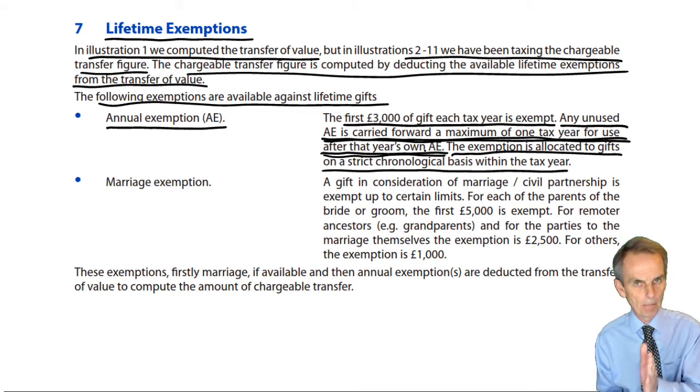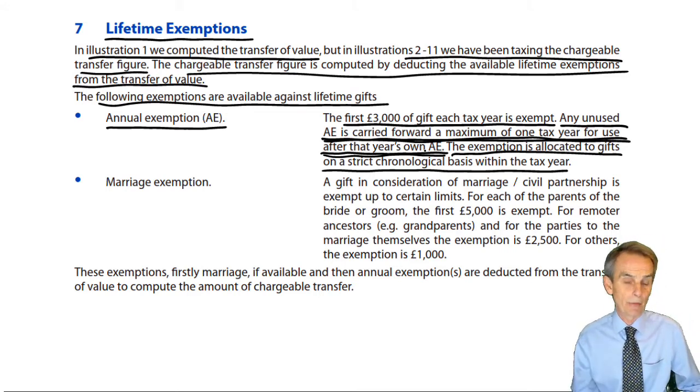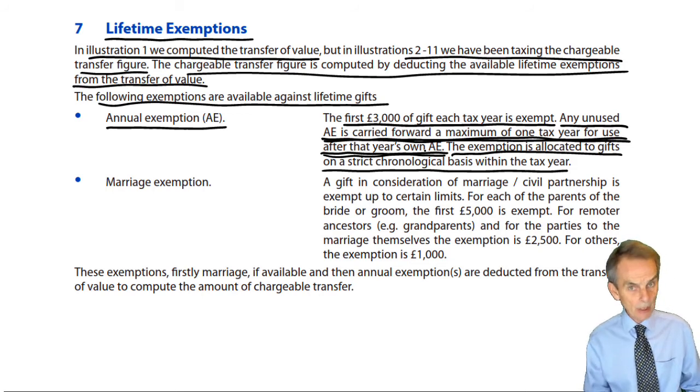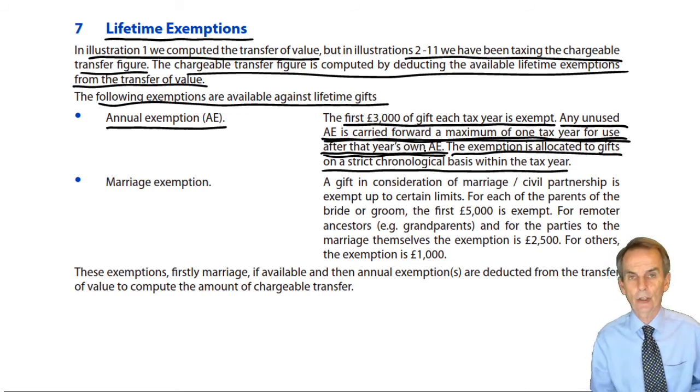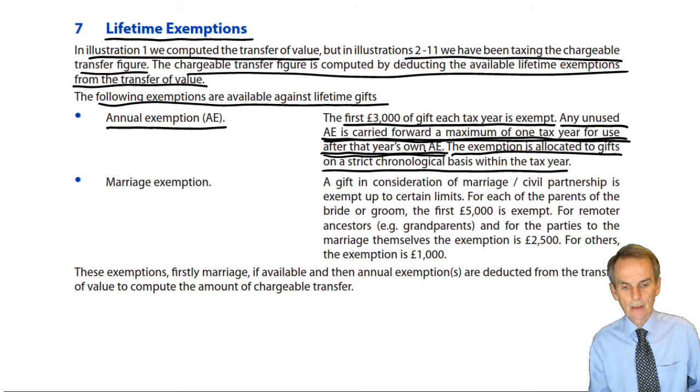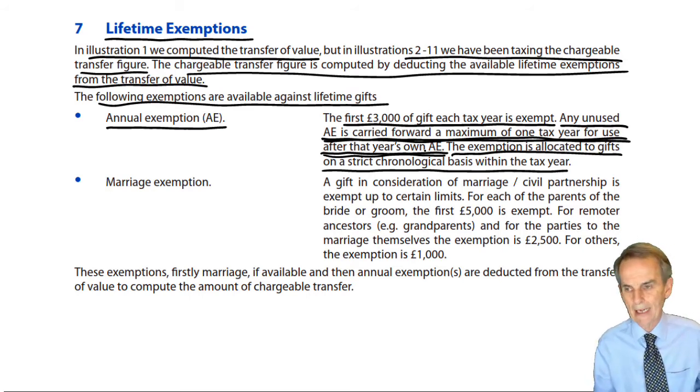It must be done in that order. Those will be deducted from the transfer of value to give you, if there's something left over, the chargeable transfer figure. And when we've dealt with PETs or CLTs in the examples that have gone before, it is that chargeable transfer figure after those exemptions have been deducted that we've been talking about.